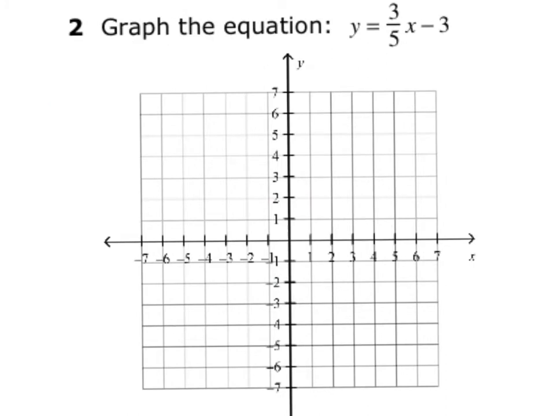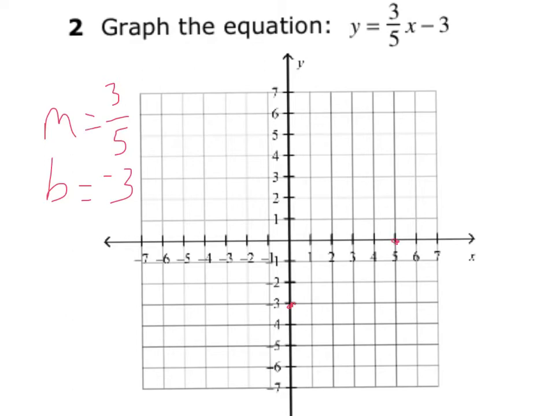Okay, number 2, graph the equation y equals 3/5 x minus 3. The m is 3/5. The b is negative 3. So we start at negative 3 on the y-axis, and we're going to go up 3 over 5. So that's here.